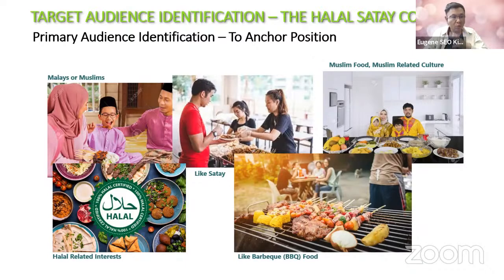So knowing this, we know what kind of persona we are looking at, what are the various age ranges, and then we can craft the relevant message to the people. So this helps you have a visual representation of how the persona could be for the halal satay company.